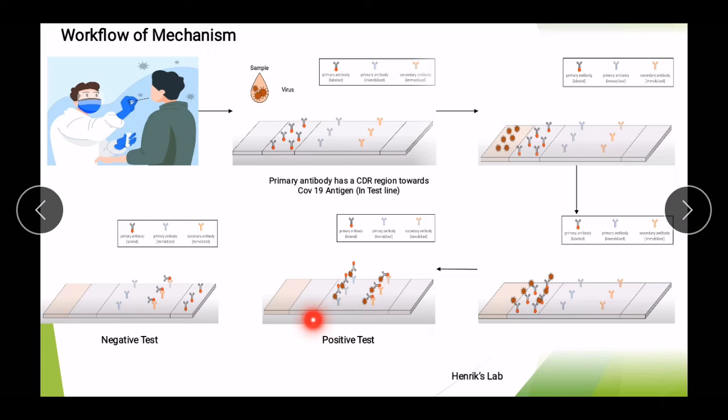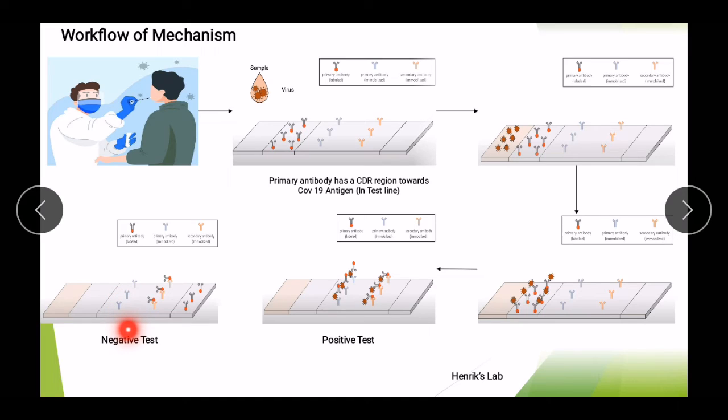Now in case of a negative test, if for example the sample has no nucleocapsid protein antigen, then what happens? During the capillary action, the primary antibody immobilized in the test line is free. There is no binding happening here, because there is no antigen.